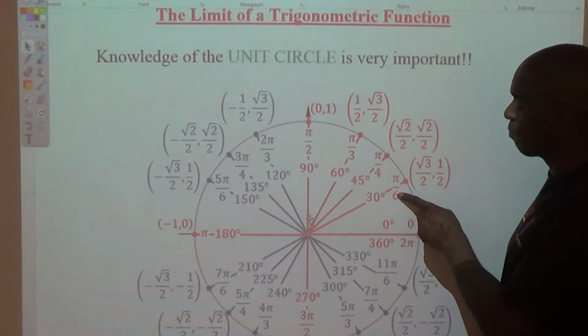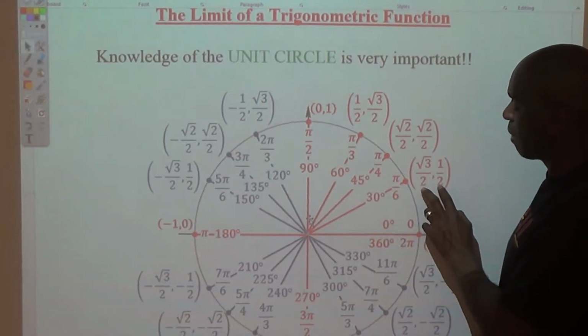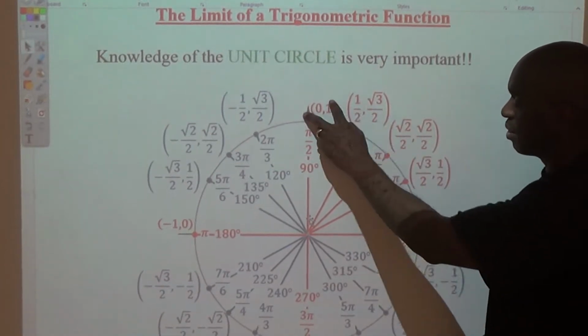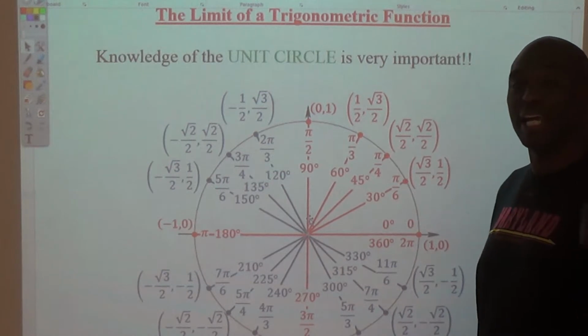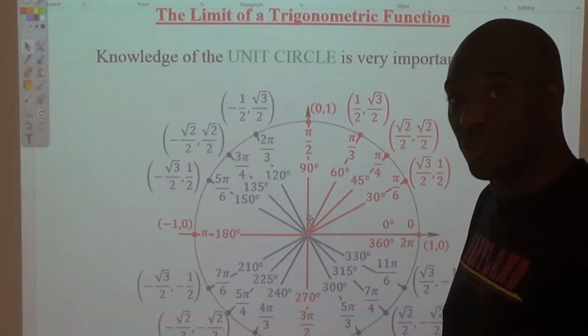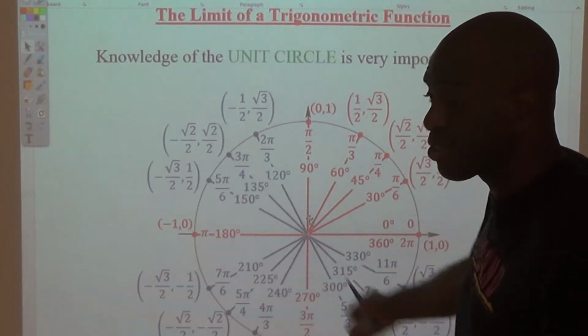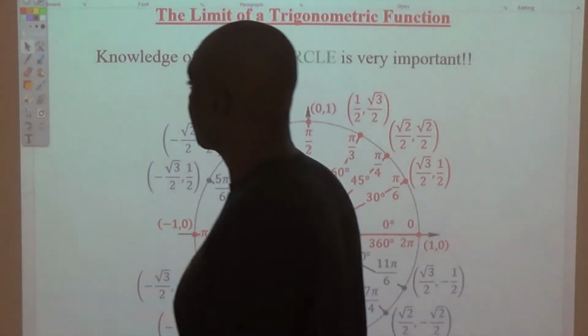Radian being here, and degree being here, and the values of them being here in parentheses. So you have to go back and familiarize yourself with the unit circle, because it's not going anywhere. It's here to stay. All right? Let's go to work. Let's see.